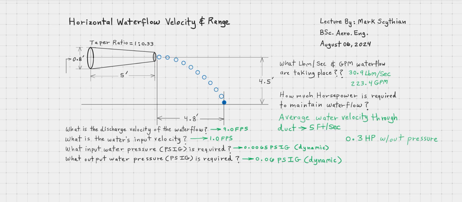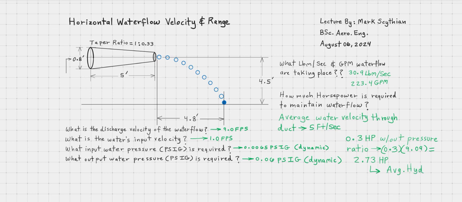If that was just a straight duct without a taper, it would be 0.3 horsepower, not including the hydraulic pump efficiency loss. But because we have a pressure ratio of 9.09, we must overcome that, so it ends up becoming 2.73 horsepower.